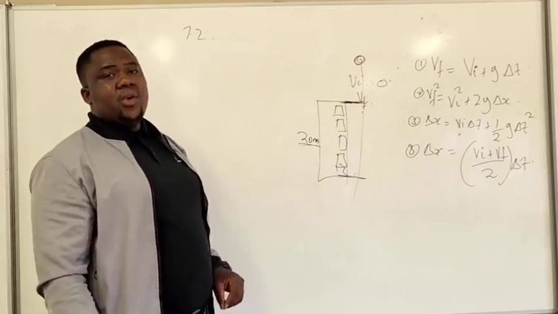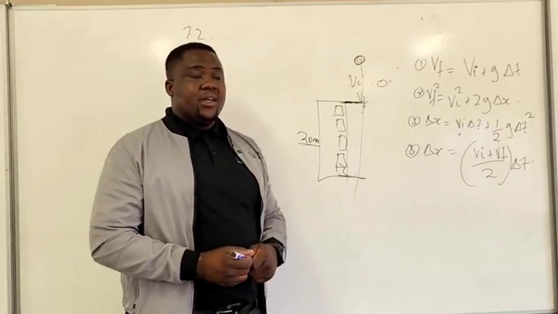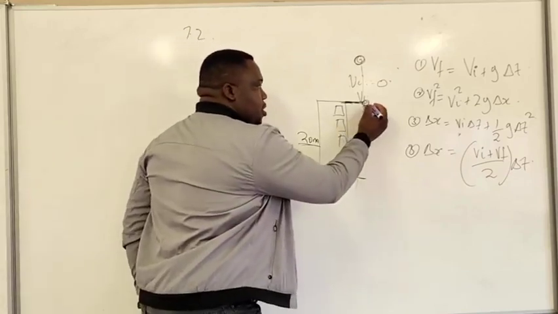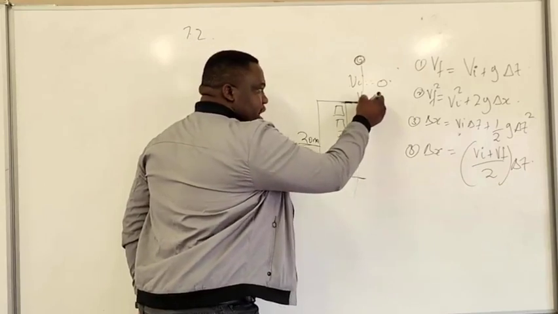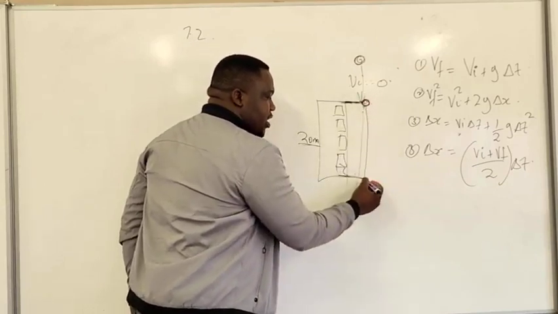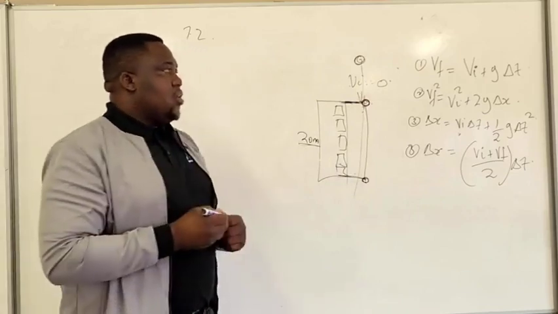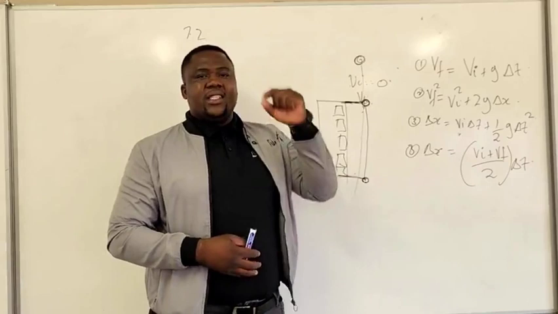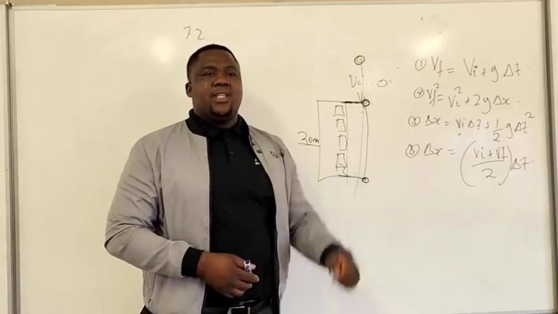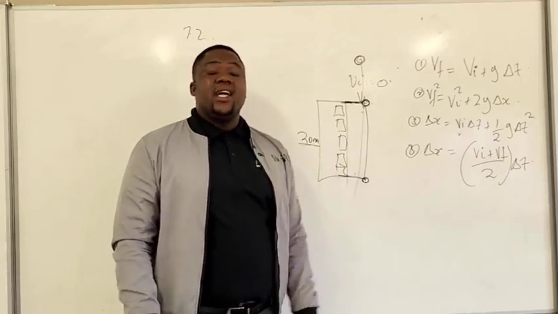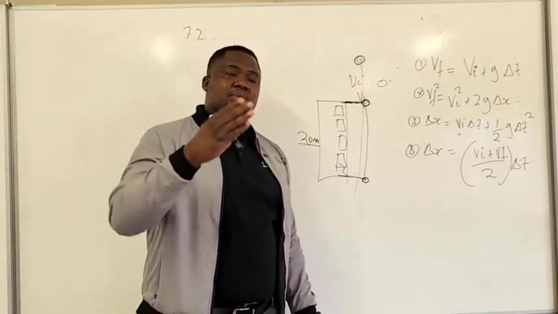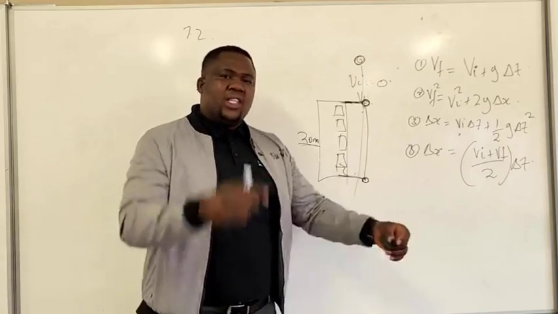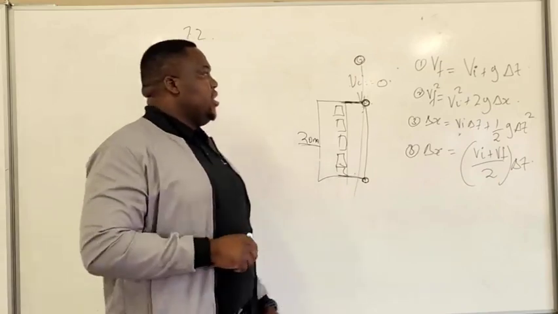But this time, we will use the displacement because the ball traveled from this 20-meter height and then went down till it reached the ground. So we are bound to use this displacement because that is the displacement traveled by the ball. To be precise, we can use the displacement because it's the displacement traveled by the ball. So the ball traveled exactly 20 meters.